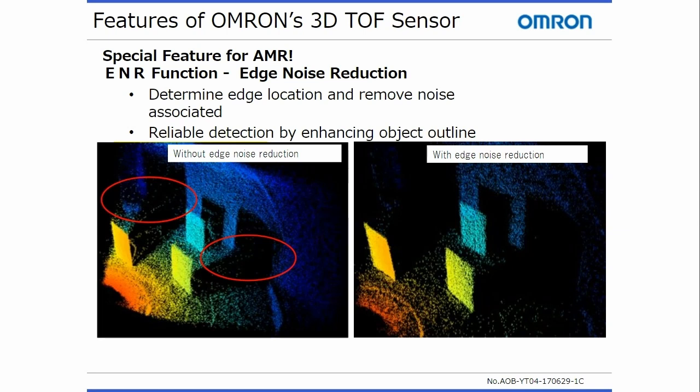This function will output the distance and amplitude value of the farther pixel as a hidden amplitude. Reducing edge noise allows the sensor to reliably detect objects by enhancing the object's outline in order to minimize the likelihood of noise or false detections associated with this noise.